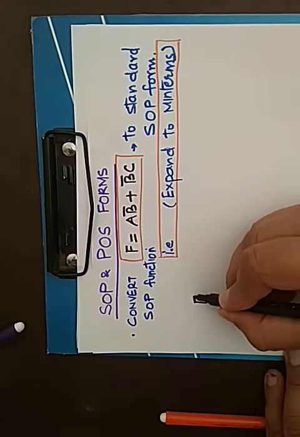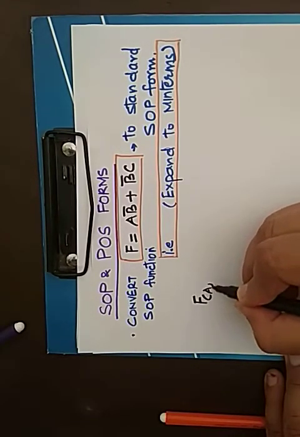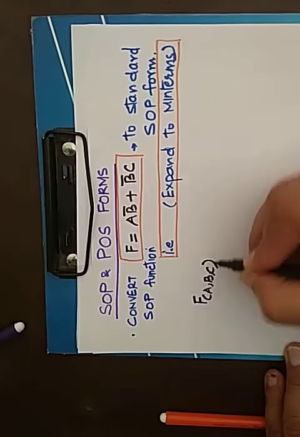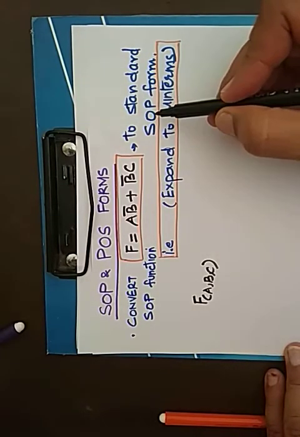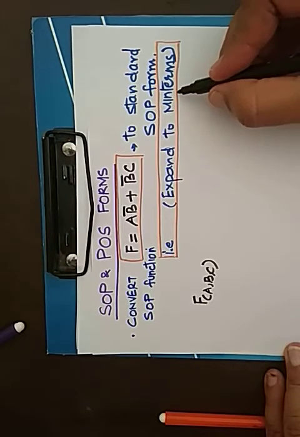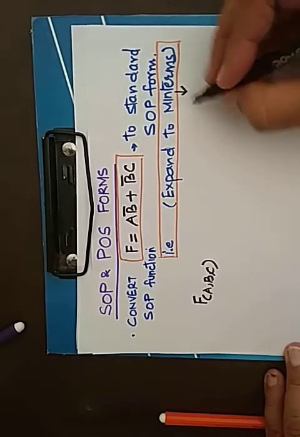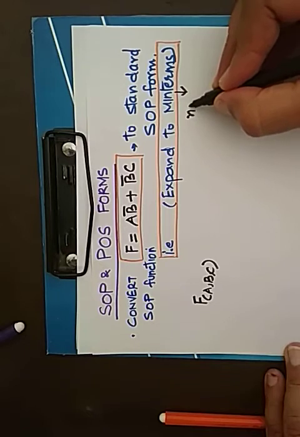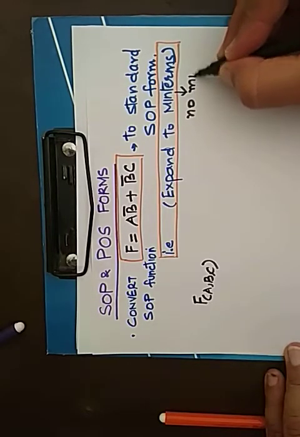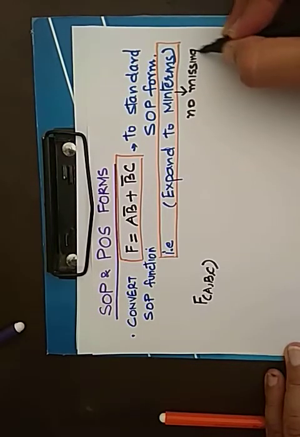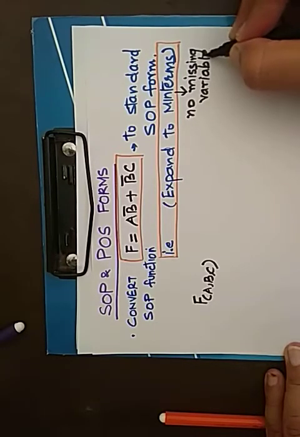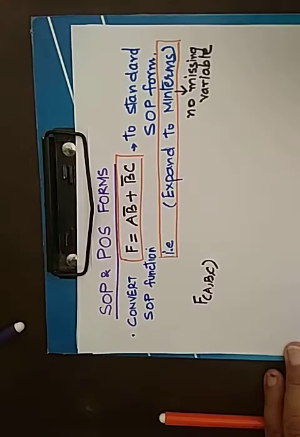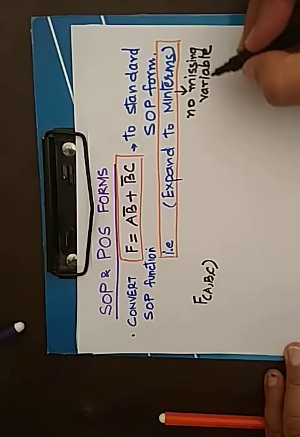So we may write f as f(a, b, c), and we know that to convert to standard SOP form, or to convert to minterms, means that no term should have any missing variable. So there should be no missing variable in any term.